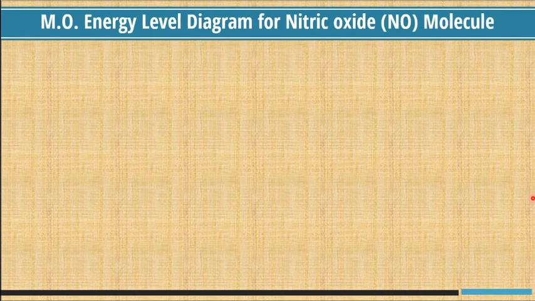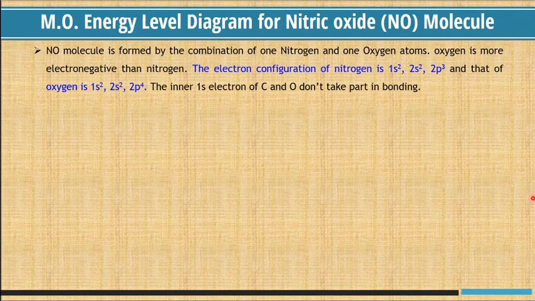Let us consider the molecular orbital energy level diagram for the third molecule, that is nitric oxide, NO molecule. NO molecule is formed by the combination of one nitrogen and one oxygen atom. Oxygen is more electronegative than nitrogen.